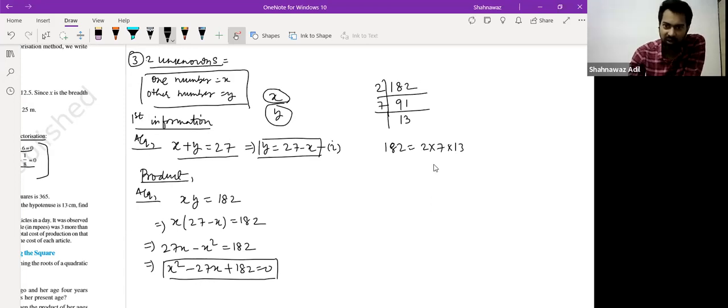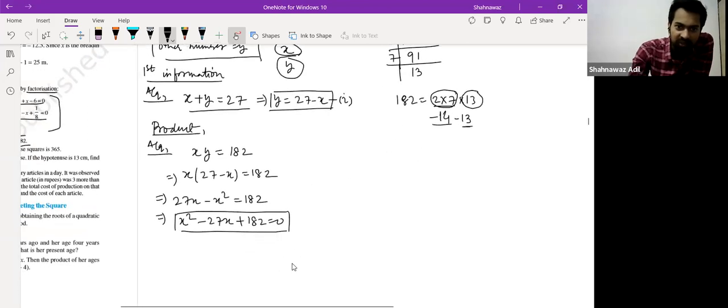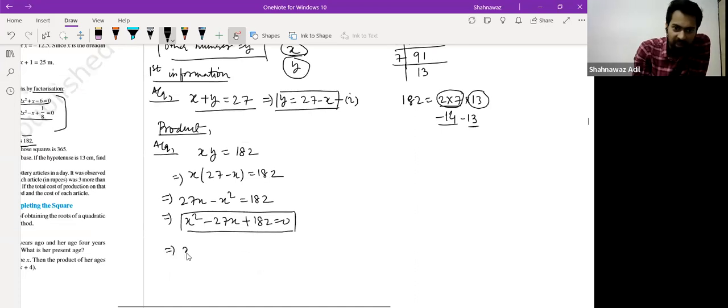So what would be the two numbers? 7 and 2, 13 and 14. Is that correct? Yes. So now we will have X square minus 14X minus 13X plus 182.